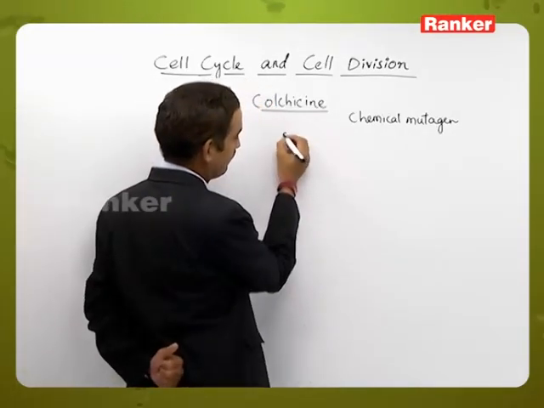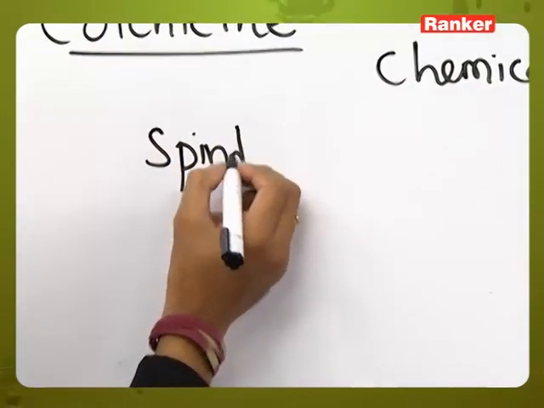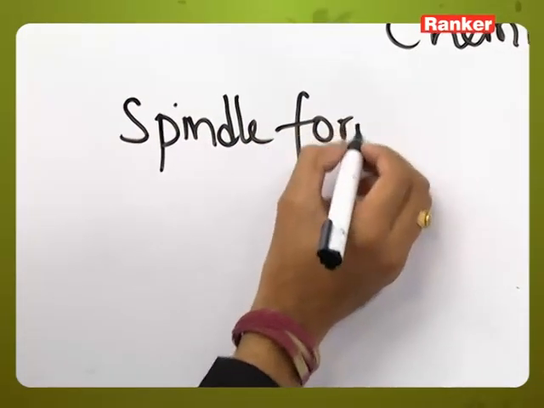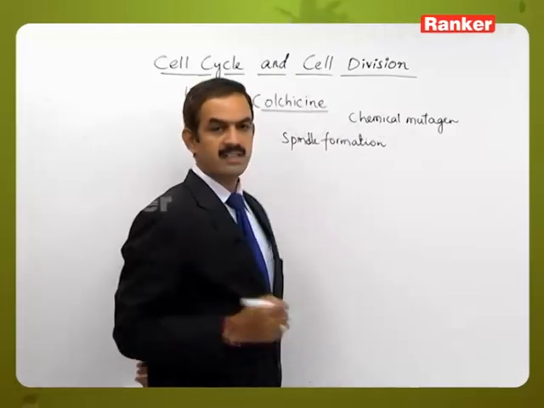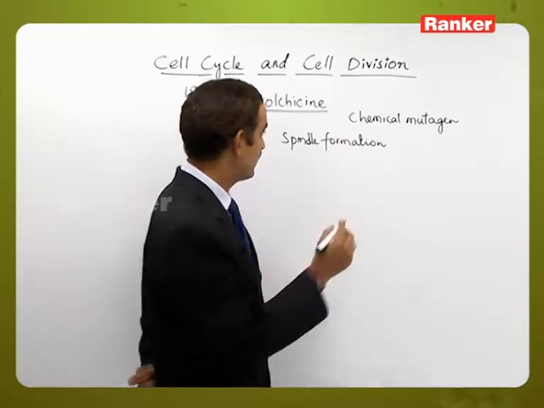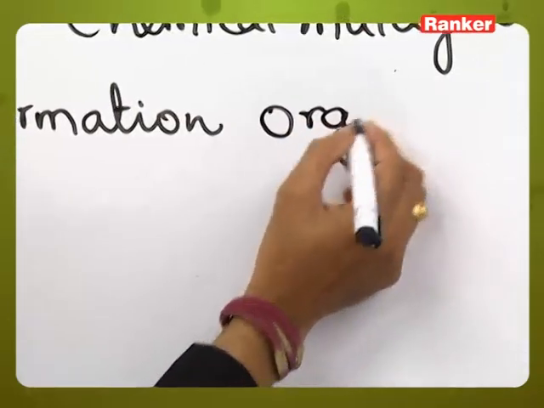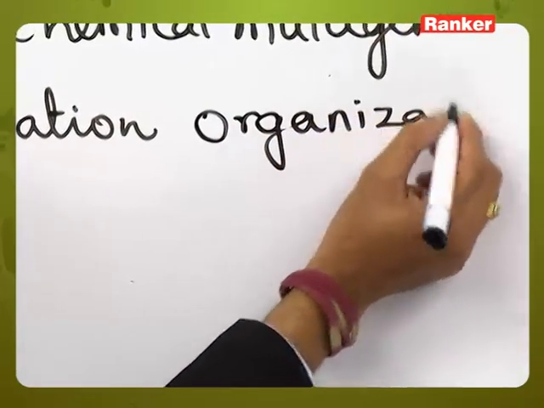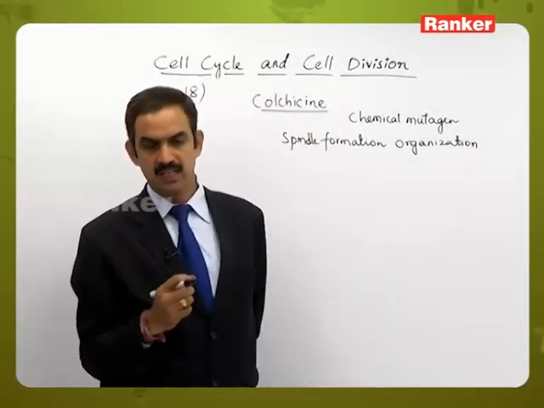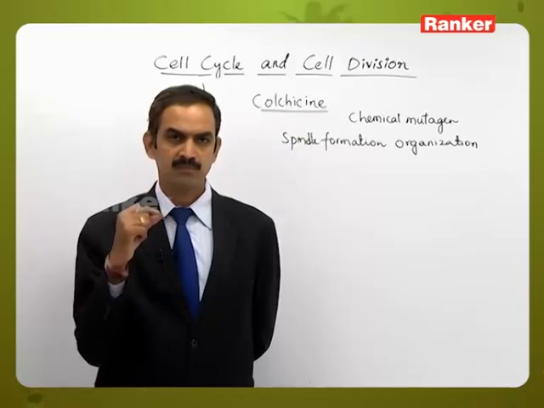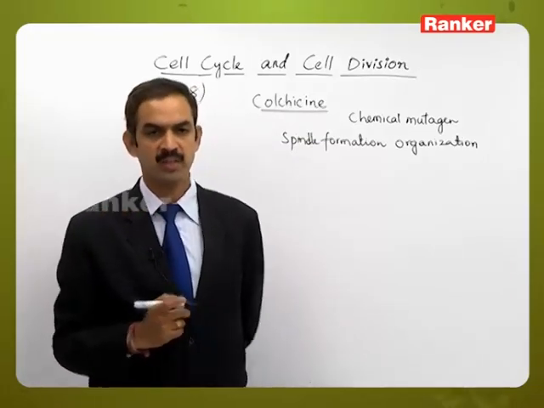organization of the spindle. That is, the organization of the spindle fiber will be obstructed by this, and when the spindle fiber organization is obstructed, the chromosomes will not be oriented to the equatorial region.